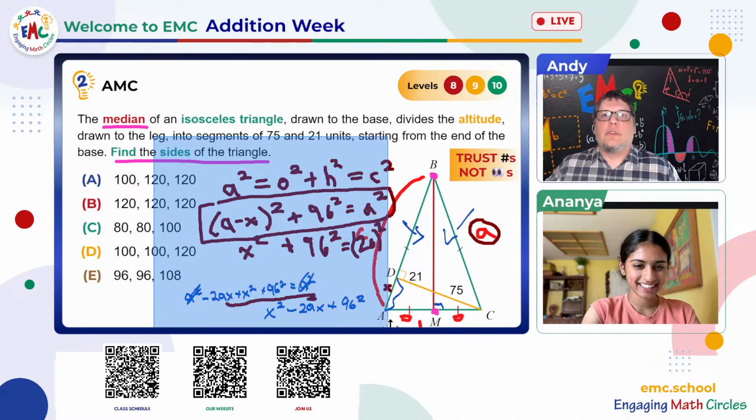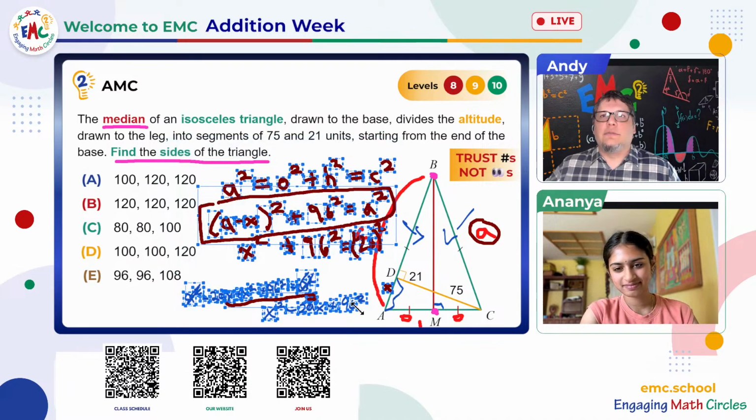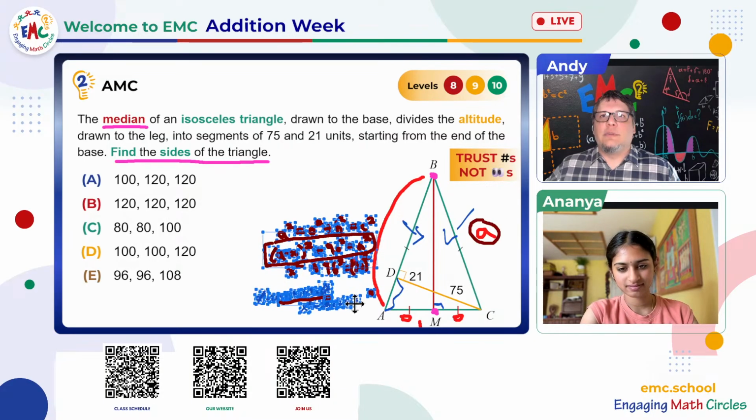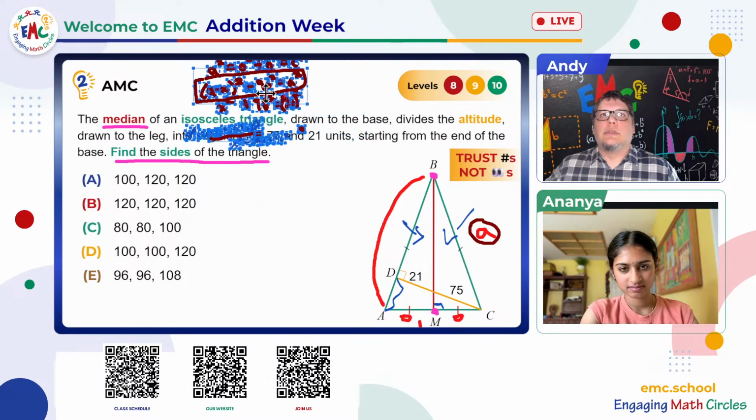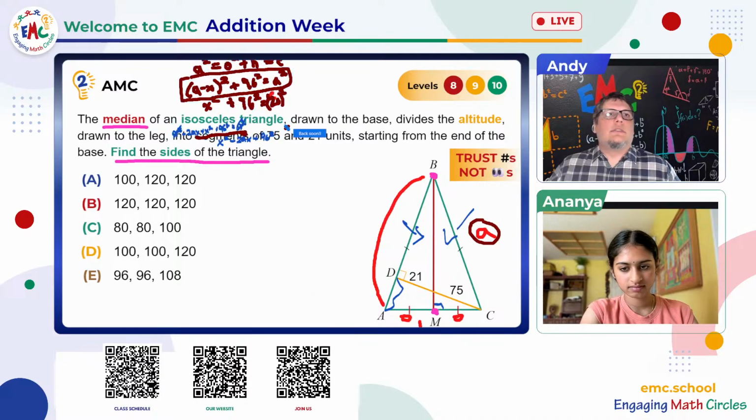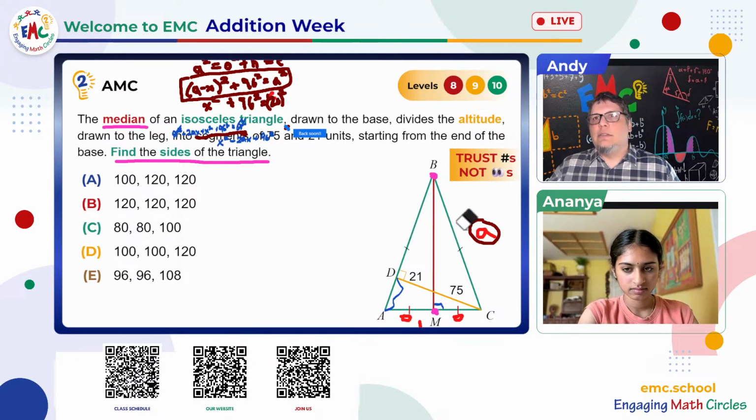Okay. Gonna take all this stuff and move it off to the side. We might need it later. Okay. When I take a triangle and I make a median, and it is an isosceles, what do I know about these angles?